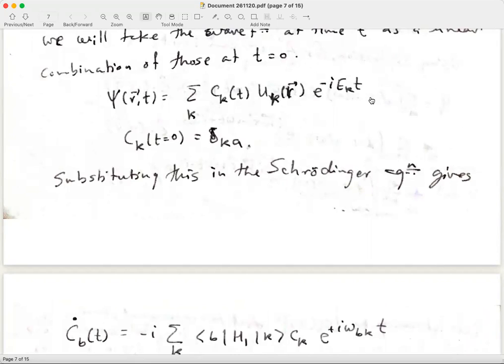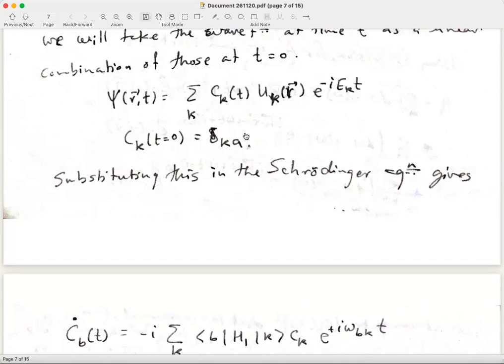That means you substitute the wave function to be something like that. In this wave function, the original function u_k of r is time independent. Therefore, evolution of the wave function with respect to time, which is done by i del del t acting on psi, would give you a factor involving the time derivative of c_k of t.